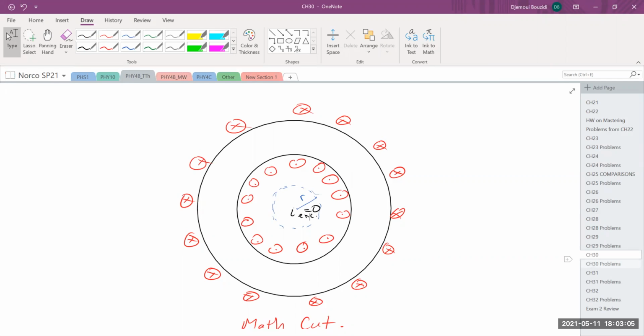Is there any current enclosed inside that circle, the blue circle? Yes, no, maybe. This is not a democracy, by the way. Everybody has to have an opinion in here. It doesn't matter, right or wrong. Do I have any current enclosed?